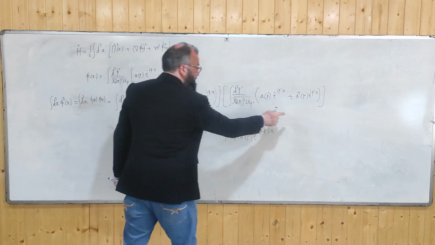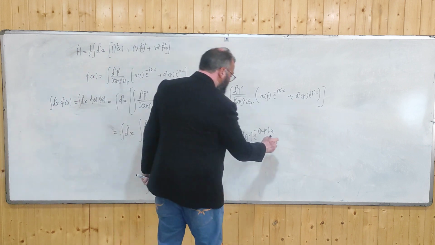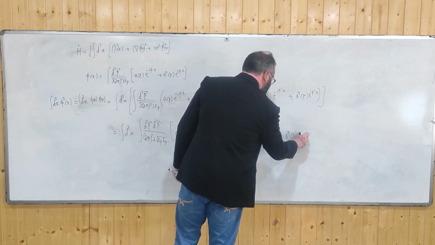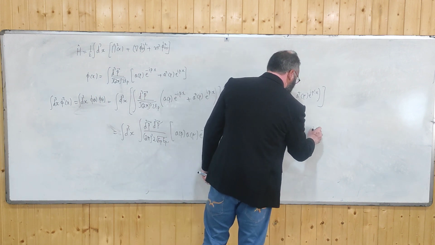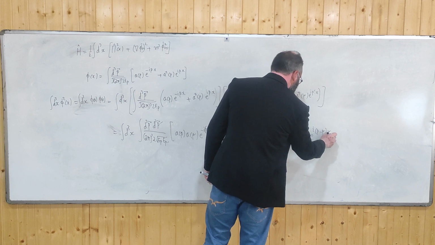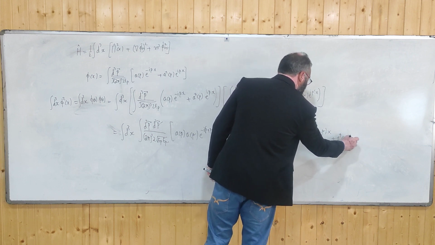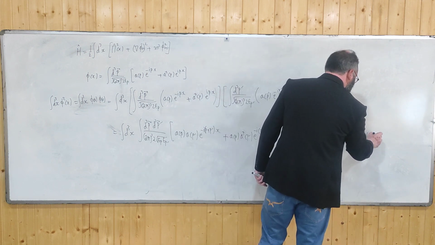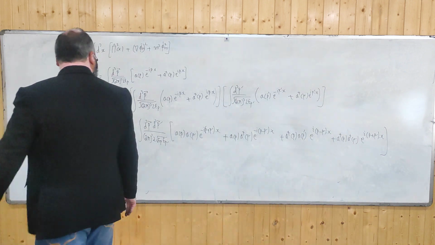Then the other two terms: a dagger of p a of p prime e to the power i (p minus p prime) dot x, plus a dagger of p a dagger of p prime e to the power i (p plus p prime) dot x. So these are the terms.